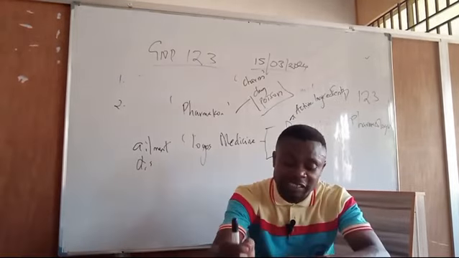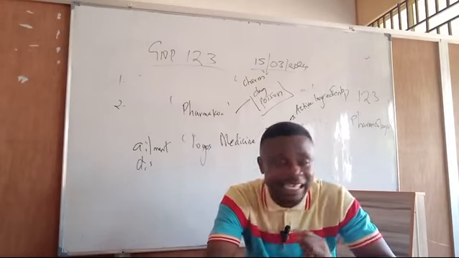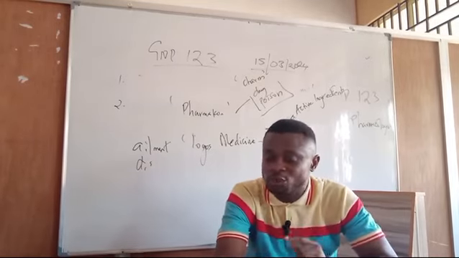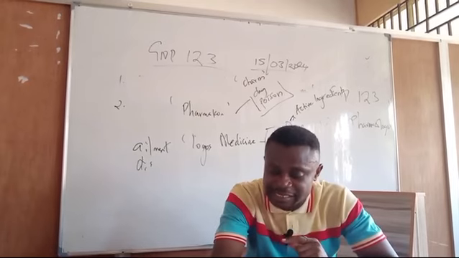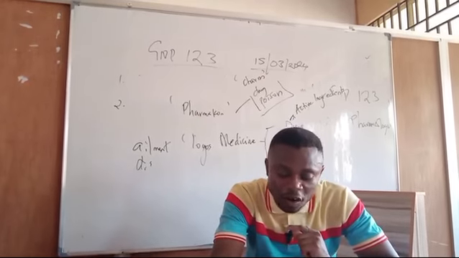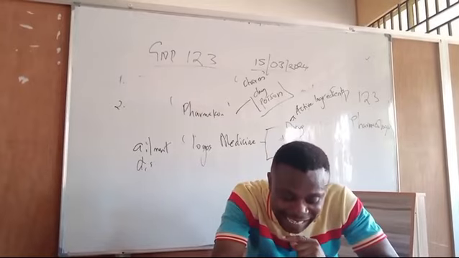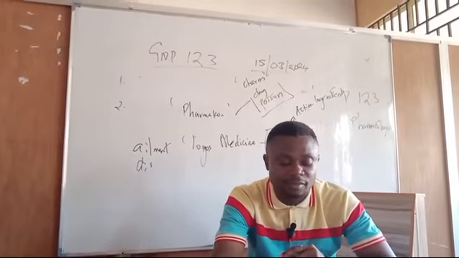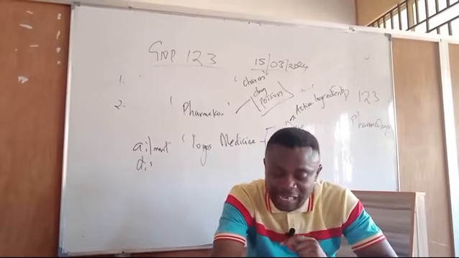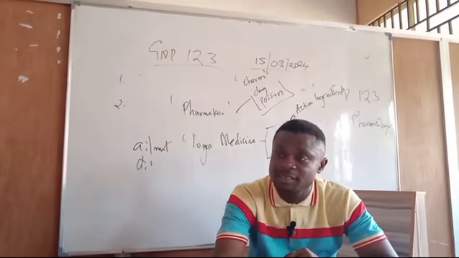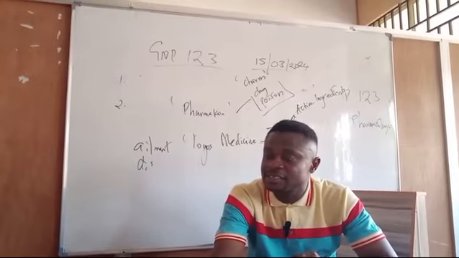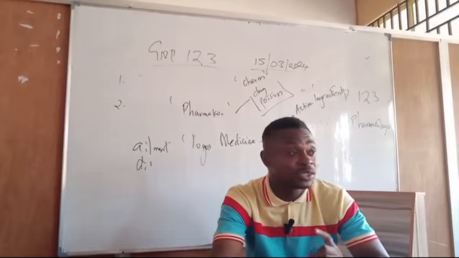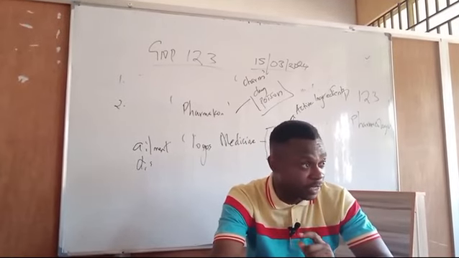But for now, I want you to understand that drug dependence is a strong desire or sense of the need to take a substance. Basically, drug dependence is a strong desire, or that sense of the need, to take a particular what? Substance. Am I communicating? Yeah.